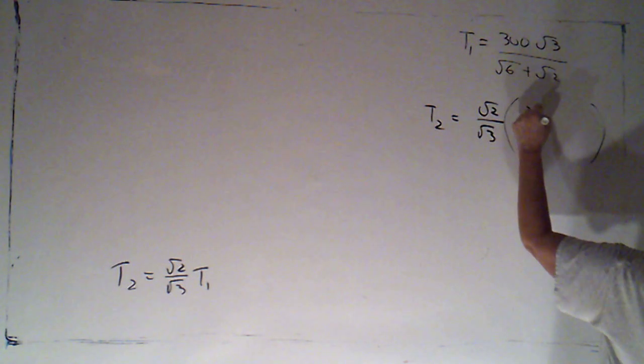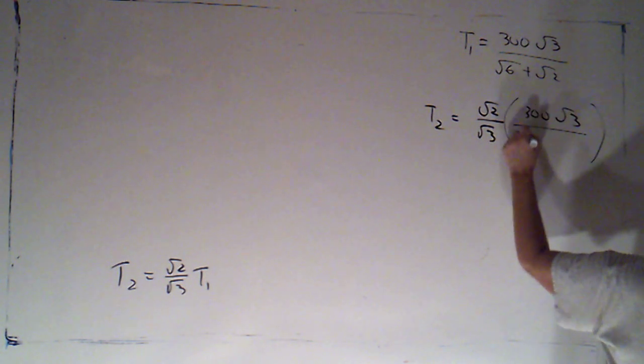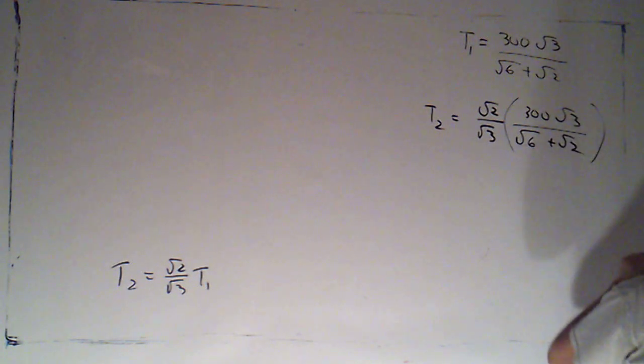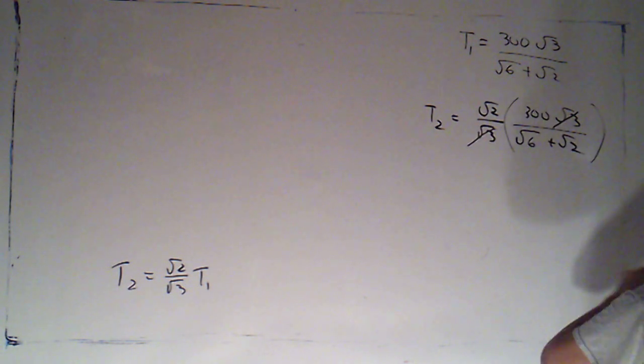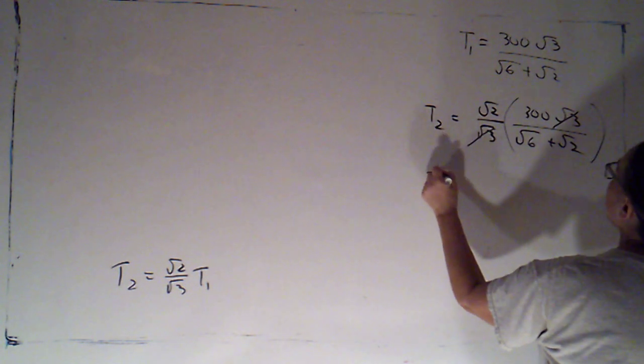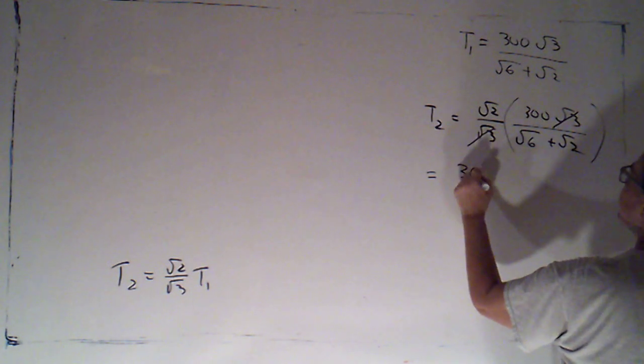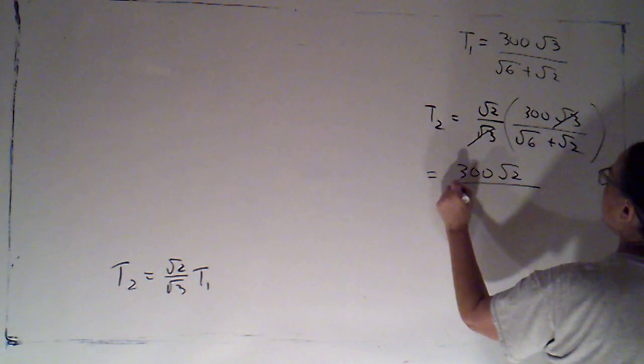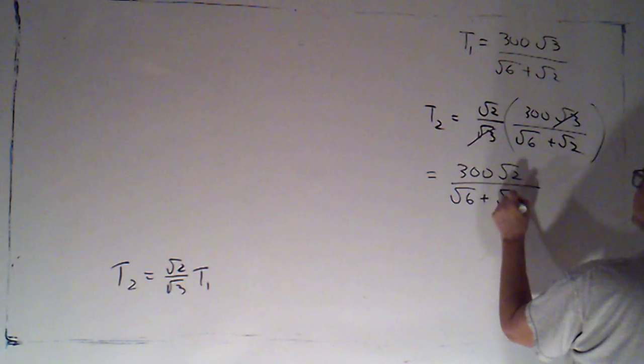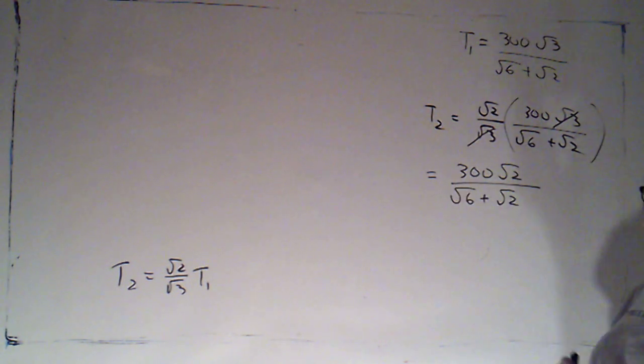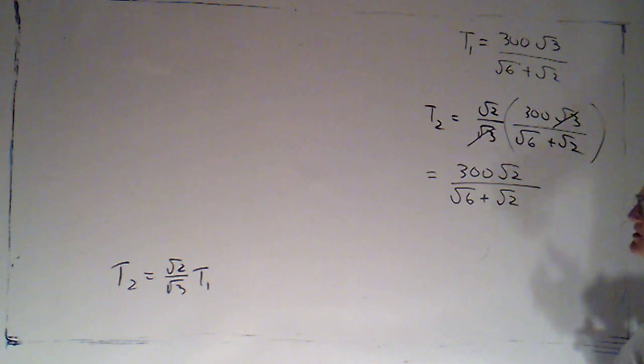So now that's times 300 root 3 over root 6 plus root 2. Well, that's nice. The root 3's cancel, and so I'm going to have 300 root 2 over root 6 plus root 2. Again, that could be simplified more, but that's as far as I'm going to go.